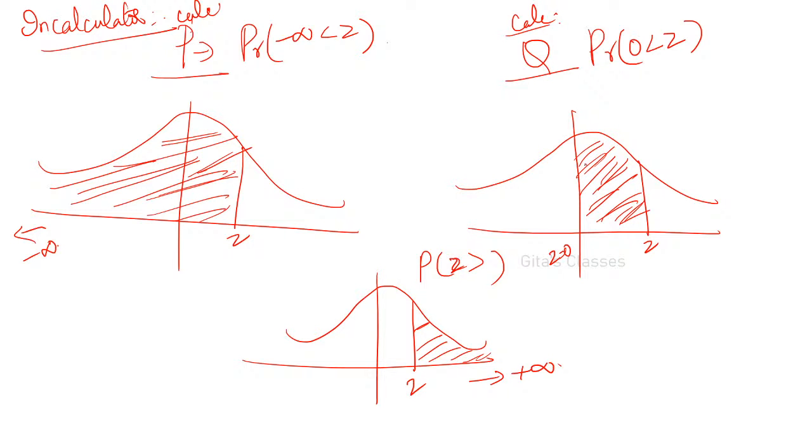If you are splitting the region into R1 and R2, then you can use 0.5 plus Q of. Depending on the calculator usage, whatever you want you can use. Only if you are splitting the region do you have to use 0.5. Otherwise it is not required. Shall we go to the next question?